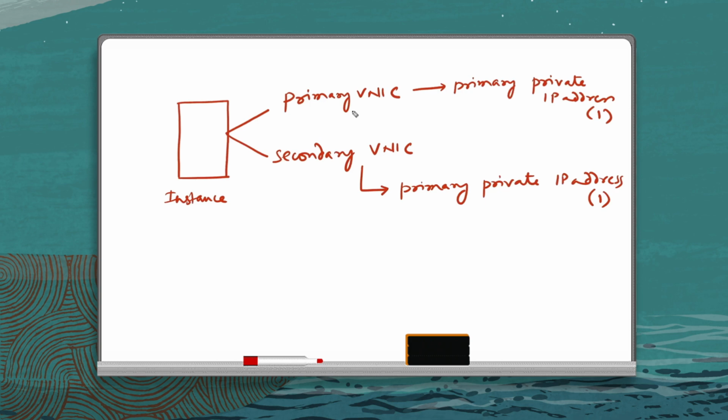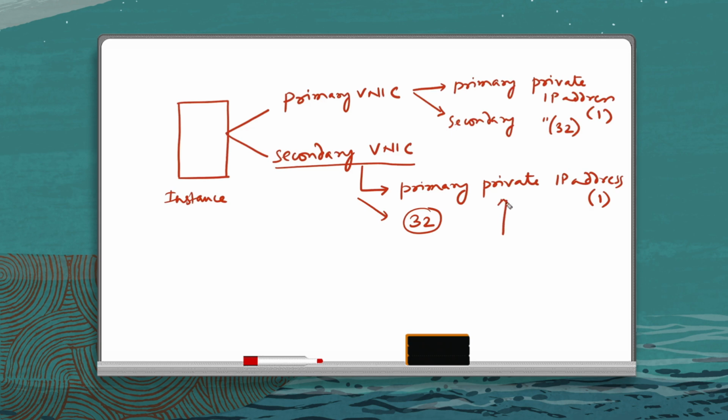Now comes the interesting part. You can also have secondary private IP address, and that can be 32. So you can have 32 secondary private IP addresses. Similarly, you can have 32 secondary private IP addresses in a secondary VNIC. So the point to be noted here is that if there is a secondary VNIC, it also receives a primary private IP address.